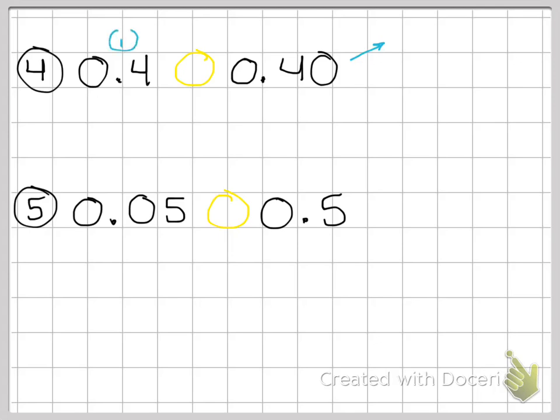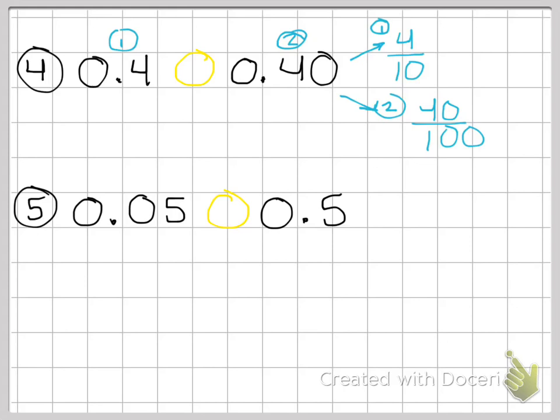So for this first decimal, we have 4/10, and I can rewrite that as a fraction as 4/10. For this second decimal, 40 hundredths, I can rewrite that as 40 hundredths. Then I can compare these 2 fractions.